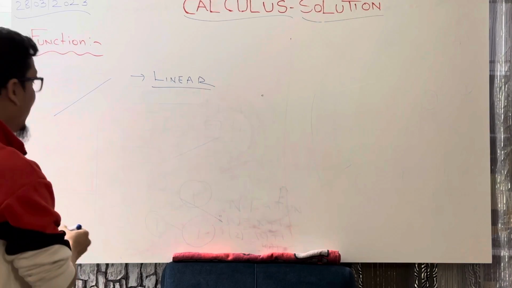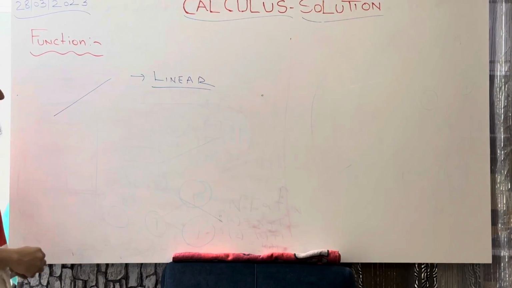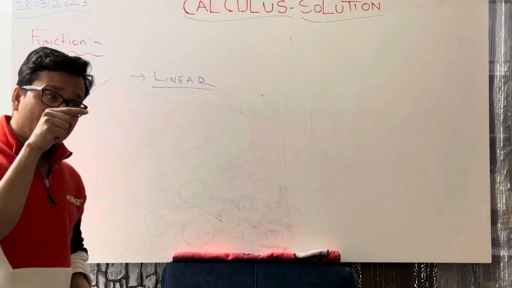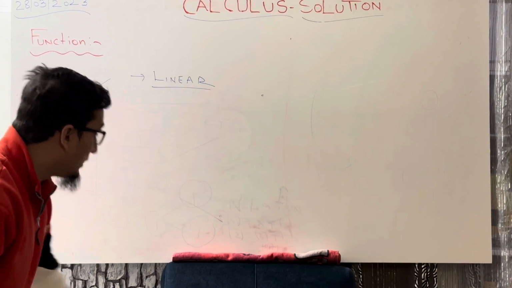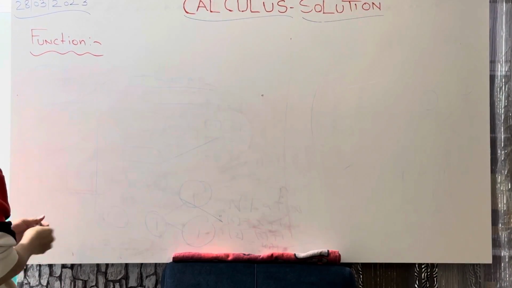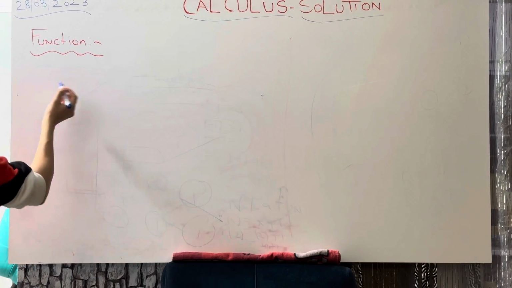Second, it is easy because the graph is given. But how can we say when the equations are given, how can we say that this equation represents a line? So now I have a general syntax.